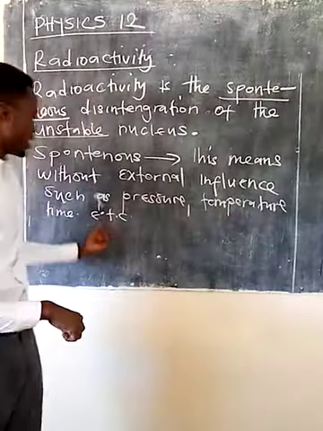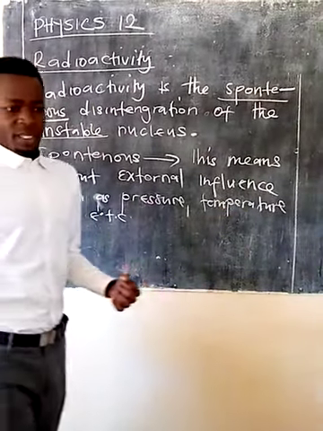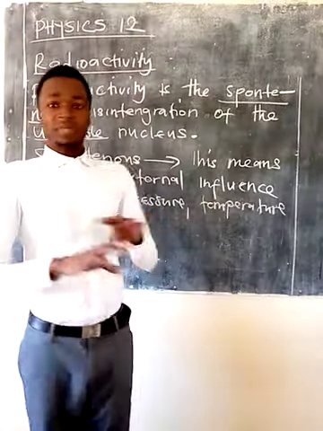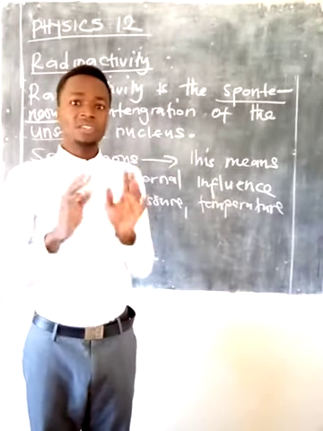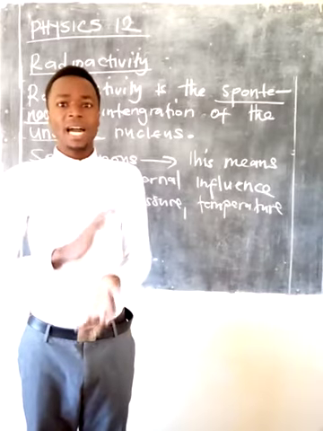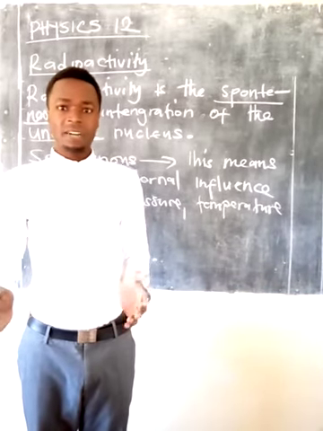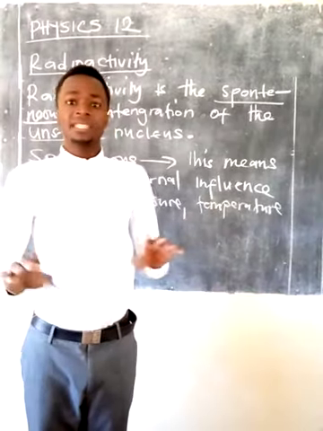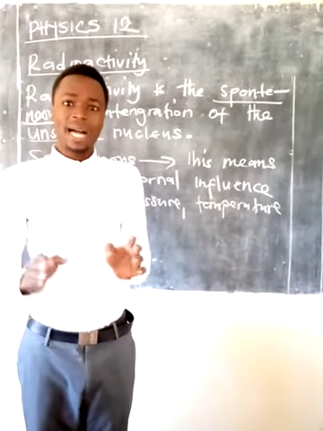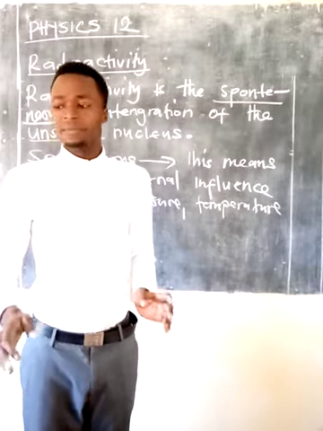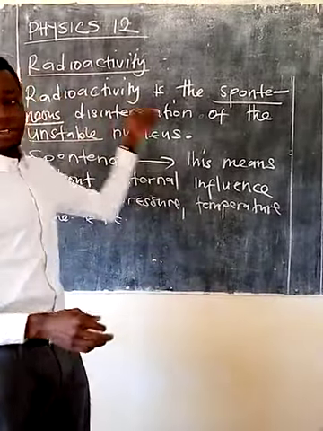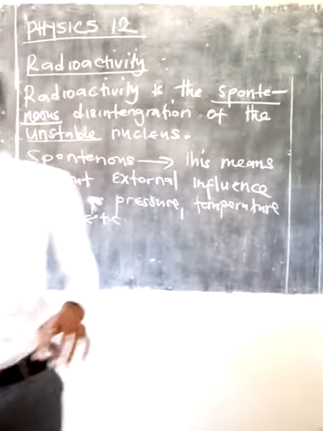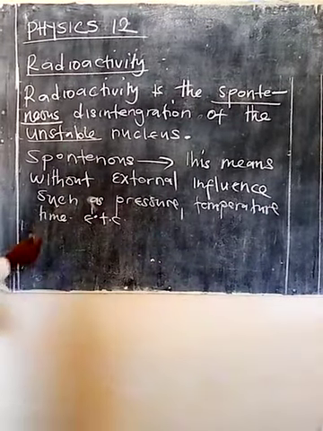Now, it is also very important for you to understand that when atoms are decaying, they do not occur at the same rate. They occur at different intervals. So radioactivity is a random process. It does not occur at a specified time. That's why we call it a random process.